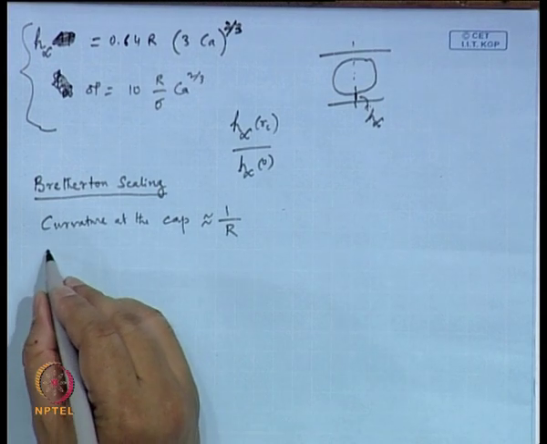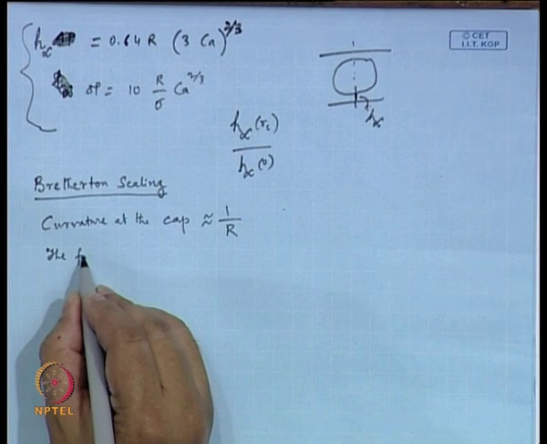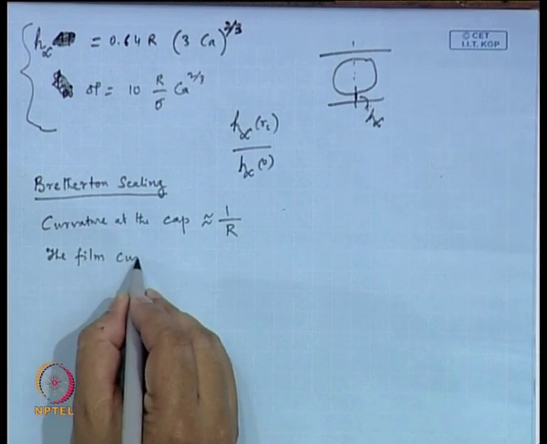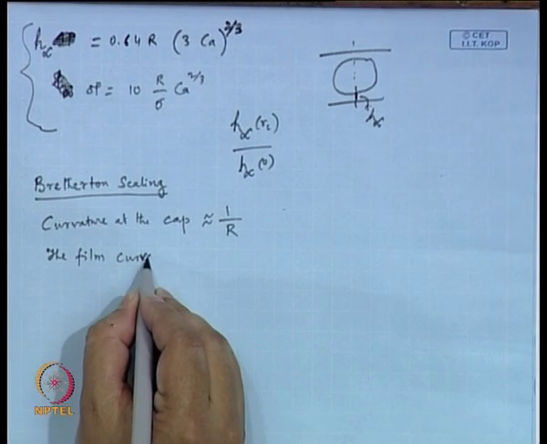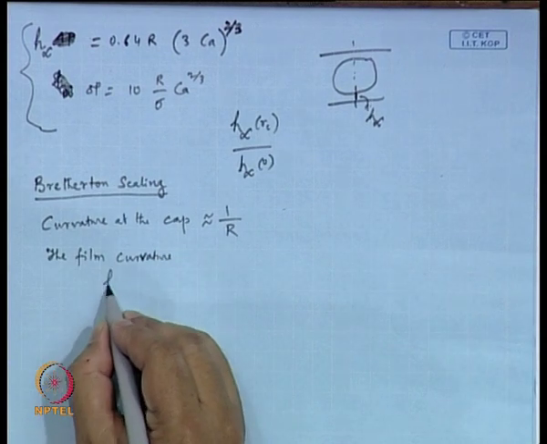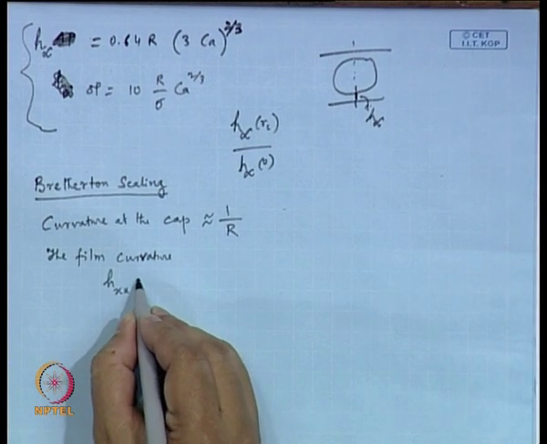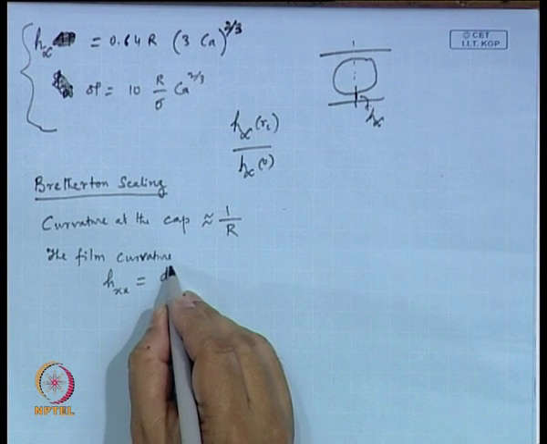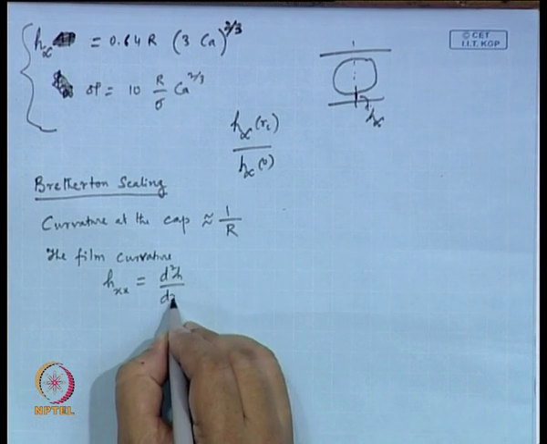On the other hand, the film curvature is written as the second derivative of h, that means d square h dx square.